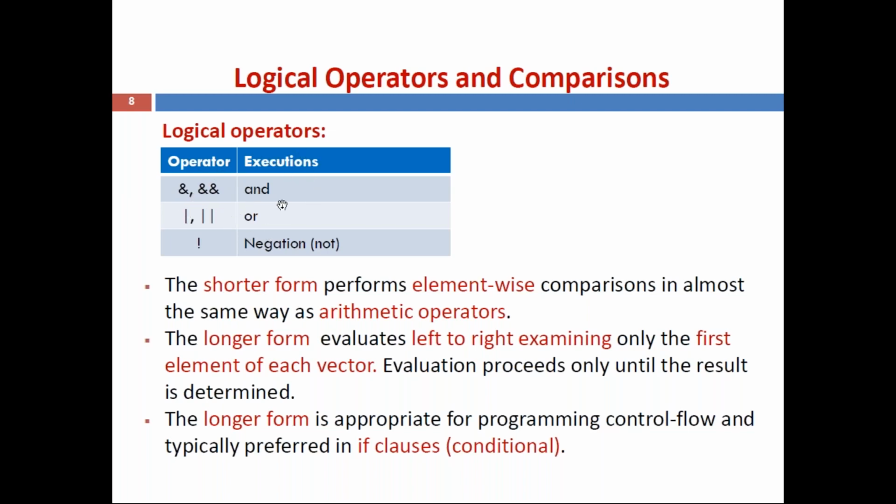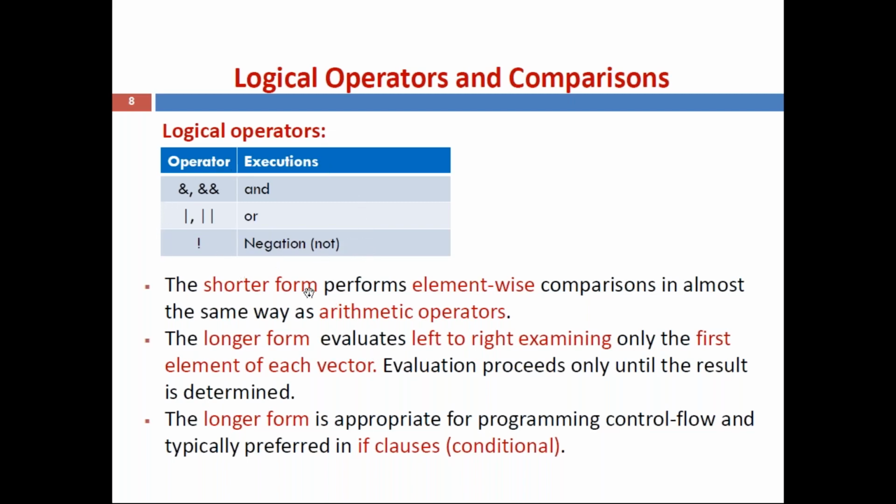The second one is the OR operator, which can be denoted by a single vertical line or double vertical line, which is useful for computing OR. Another one uses the not symbol, which is called negation, also called not.